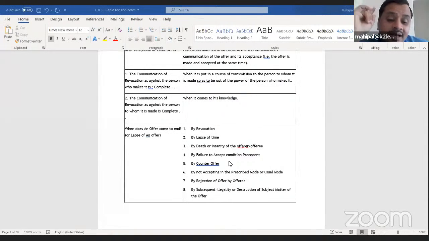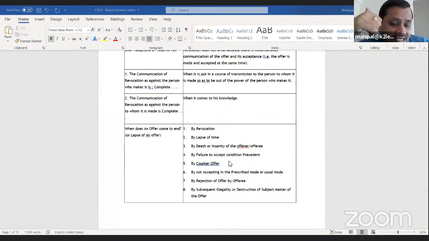Mr. X again wrote a letter of revocation on 7th January and sent it by speed post to Mr. Y. Both letters reach Mr. Y on, say, 9th January. In this case, what will happen?